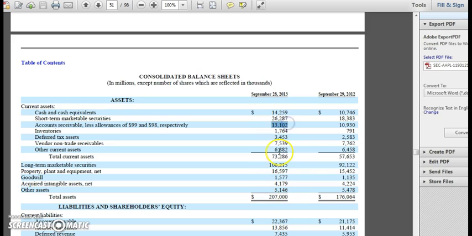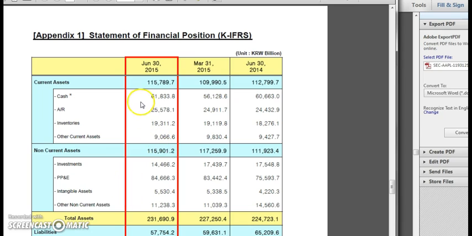Their accounts receivable is about 5%. It's just not a lot at all. Let me just check and compare this to Samsung, 61, and over here investments 14. So 75 out of 231. That's about 33%. My goodness, what a difference.